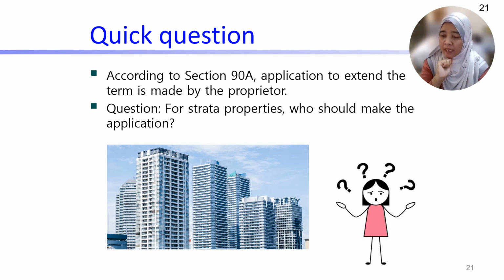Itulah dia punya jawapan lah. But then again, you will learn that MC, Management Corporation tu ada a committee yang akan jalankan tugas harian. So it is essentially the committee of the Management Corporation who will make the application for lease extension untuk tanah yang mana mengandungi strata scheme di atasnya. Okay.